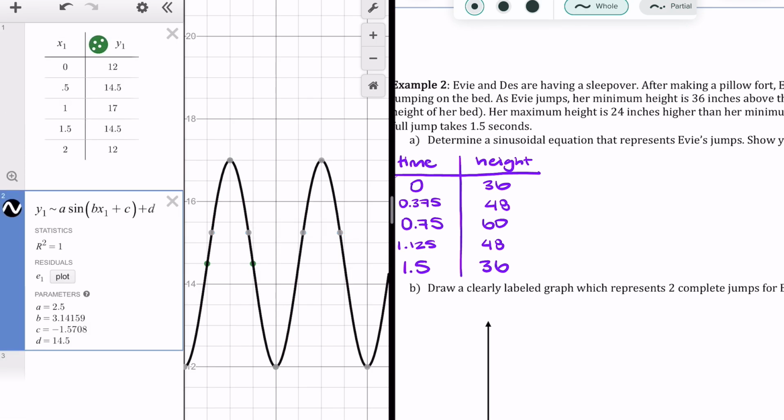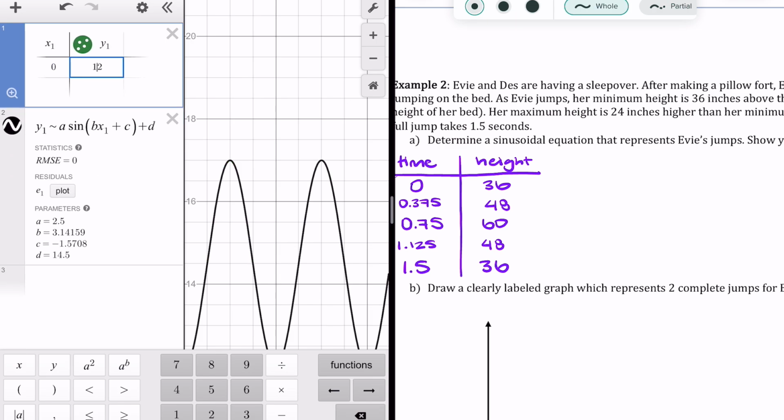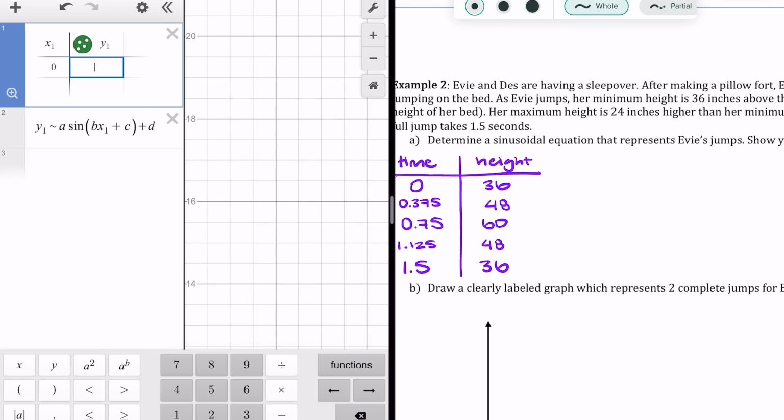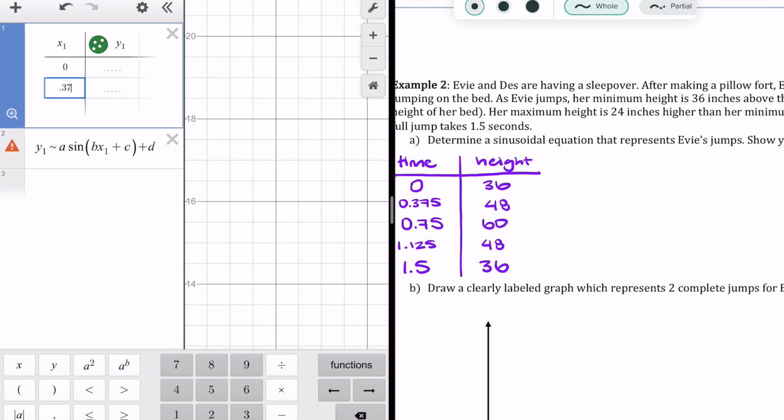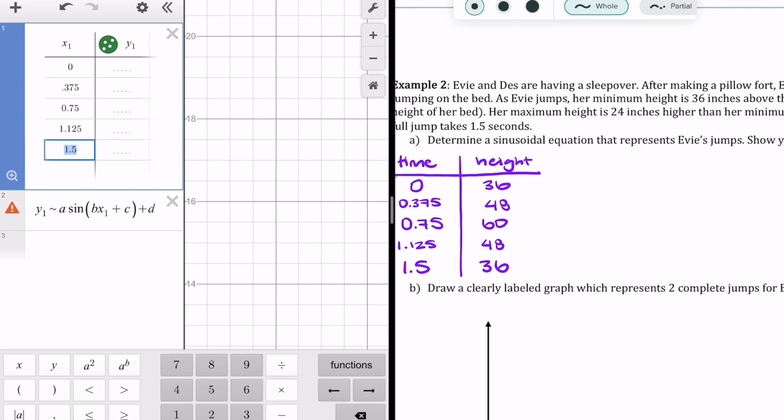Notice that I've already typed in the sinusoidal regression equation for the last question. So I'm simply going to delete all of the data from the last example and type in my new data. That way, my table still says x1 and y1, so the equation for the regression that I've plugged in still works.